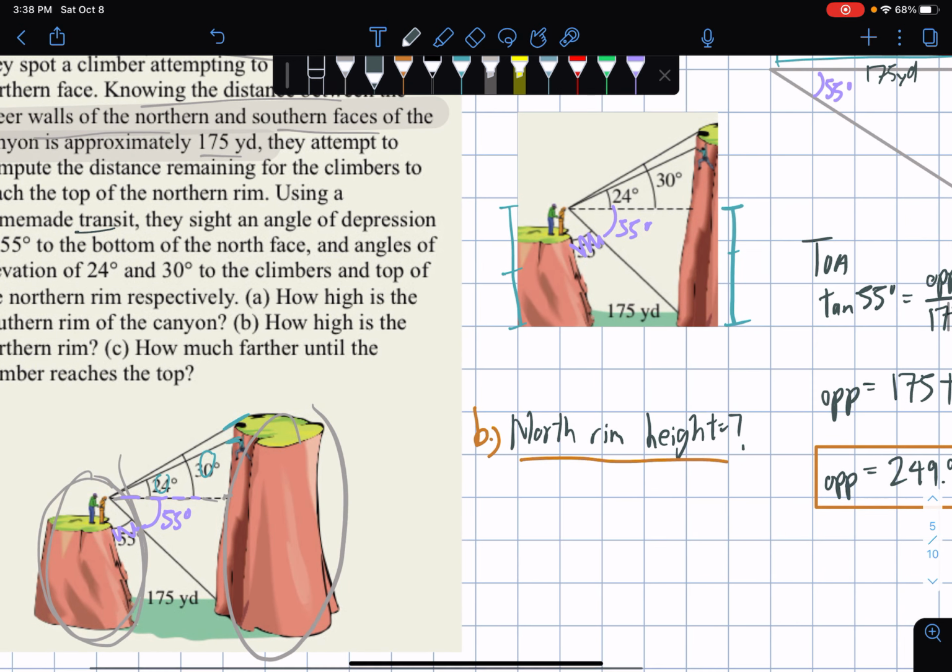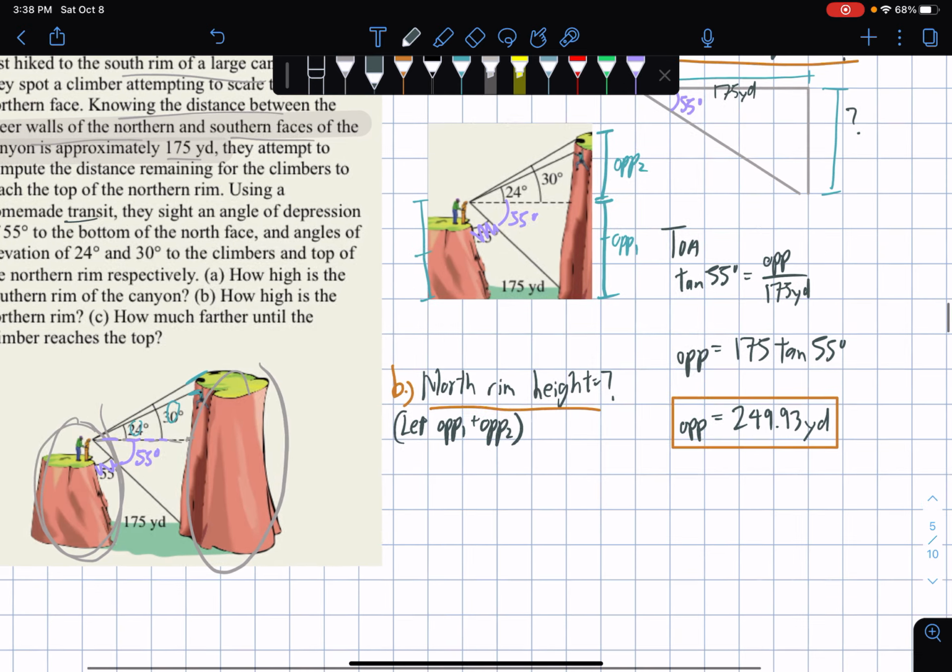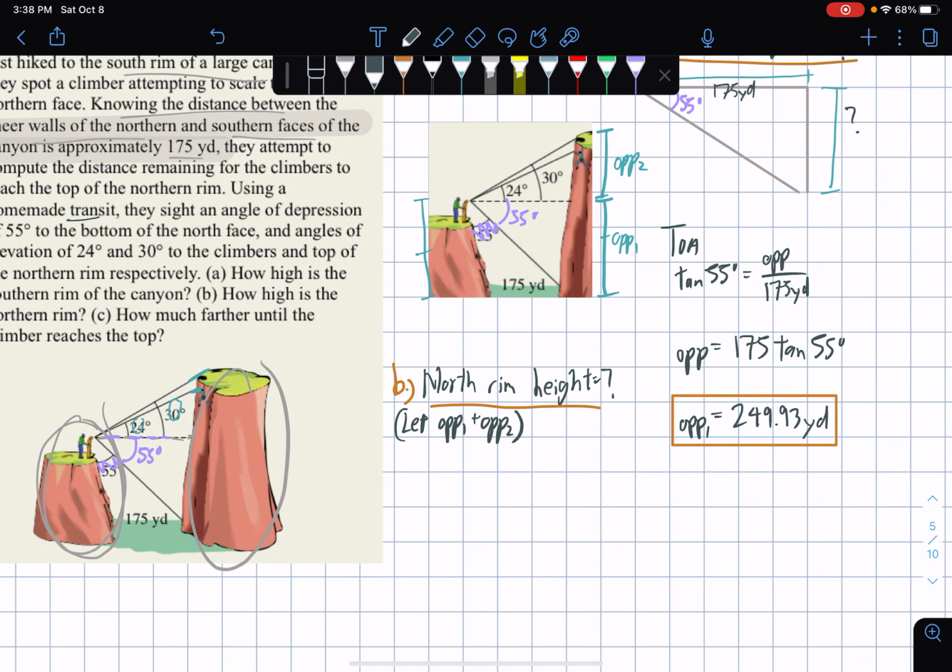Based on the illustration, let's label this opposite 1 and this one opposite 2. For opposite 1, we already have the value.